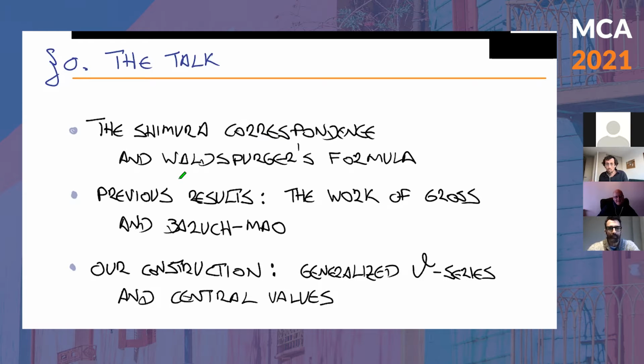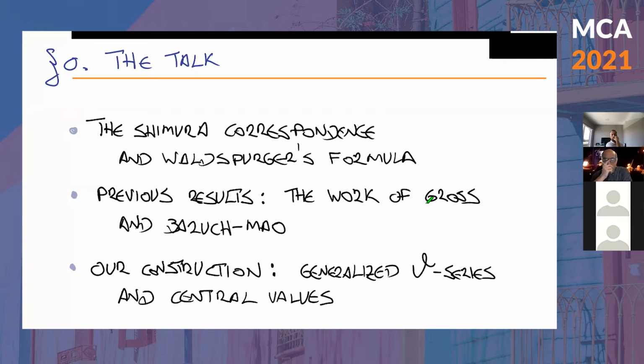works on this subject. I'll focus on two previous results which motivate our work. These are the works of Gross and Shin Mao. In the work of Gross, he shows how to make this formula more explicit by showing how to obtain the half-integral modular forms using a ternary theta series.